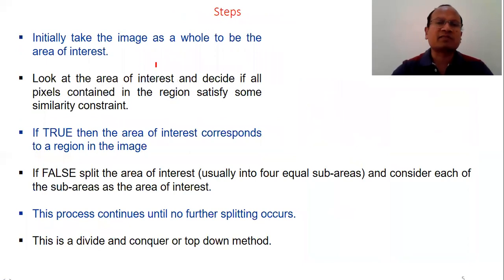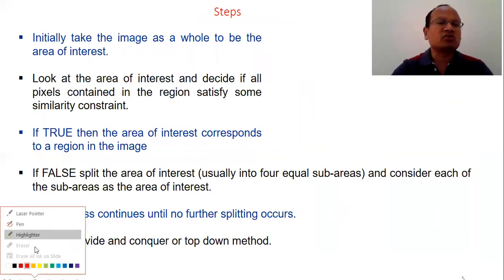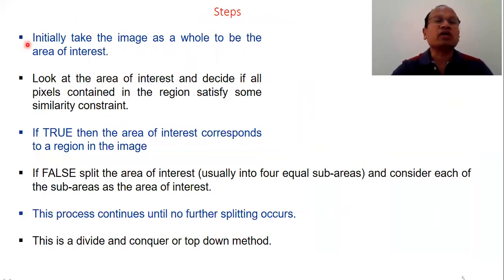So let's go next. These are the major steps while performing the image segmentation. Initially, we take the image as a whole, the entire image, as the area of interest. Then we decide if all pixels in the region satisfy some similarity constraint.